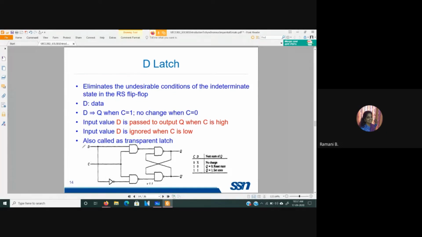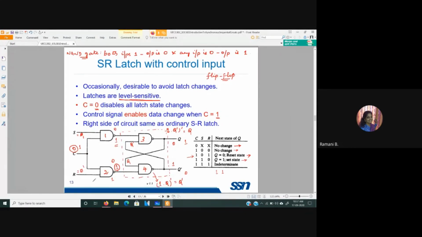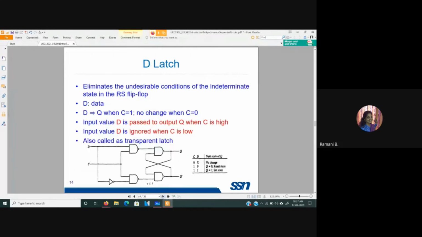So earlier, this was your S and this was your R. Now, instead of two different inputs S and R, we have made S equal to D and R equal to D bar. So the inputs S and R are never going to be the same.